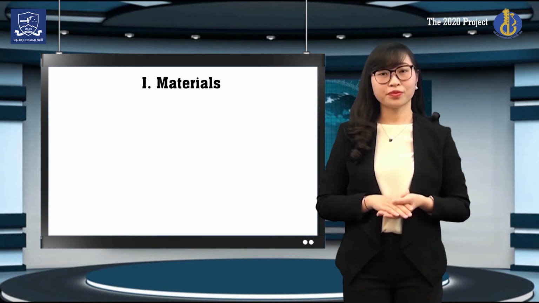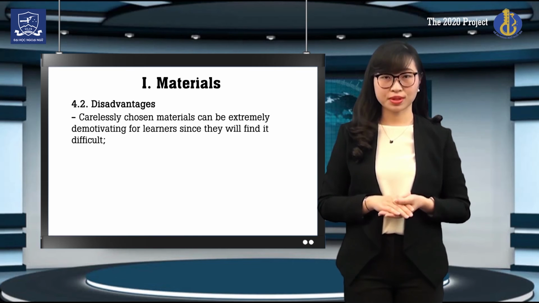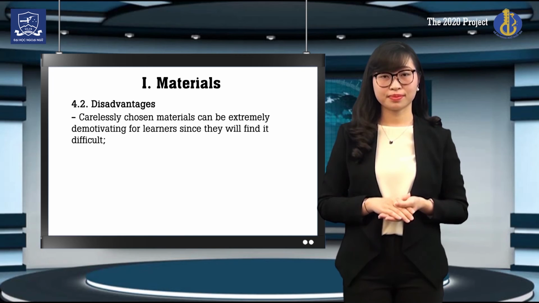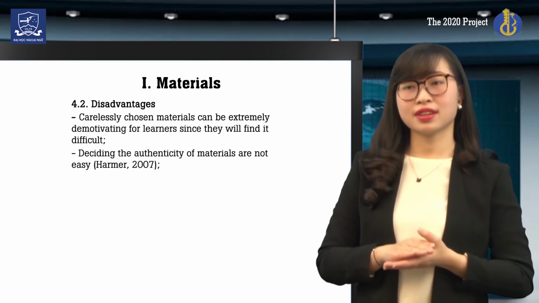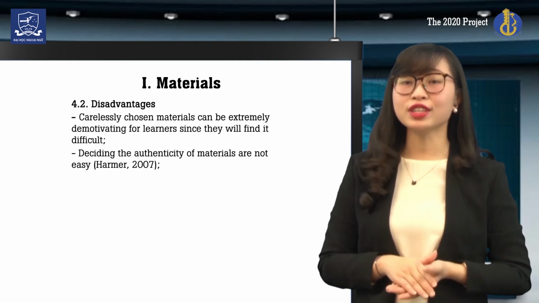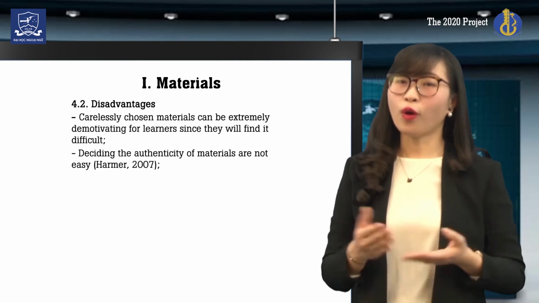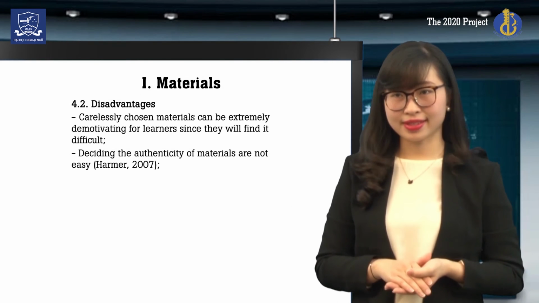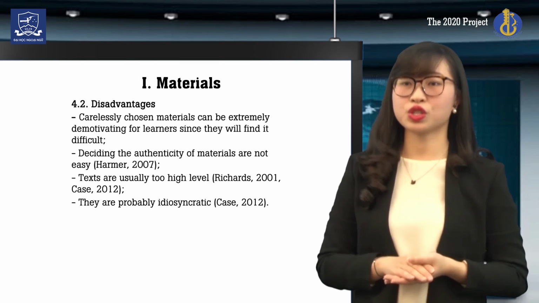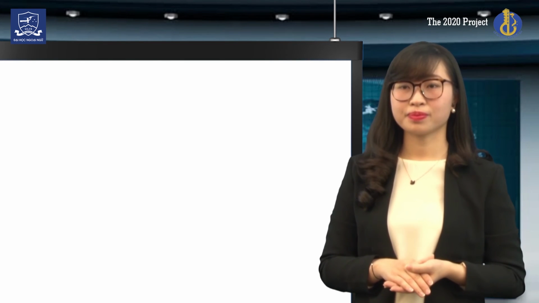Alright, carelessly chosen materials can be extremely demotivating for learners since they will find it difficult. And deciding the authenticity of materials is not easy, according to Harmer. Or Richardson used to think that texts are usually too high level.